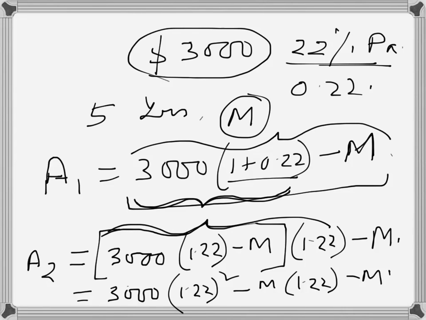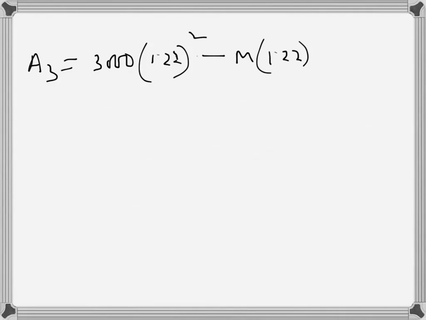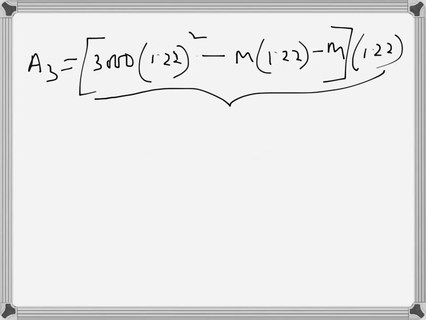So after the third year, we will take the second year one. That will be 3000 times 1.22 squared minus M times 1.22 minus M, like that. The interest will be on this one, 1.22, and so this one is now the amount owed before the third year repayment was made, and minus M will be the amount owed after the repayment was made.